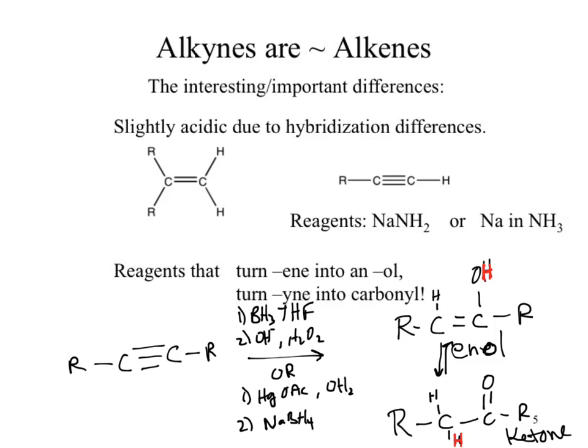Nothing. The only bonds that we can make or break in resonance are pi bonds. This is not officially resonance because we have broken a sigma bond. It's a really easy sigma bond to break because it's a very polar hydrogen-oxygen bond, or a very polar carbon-hydrogen bond in this case. But it is not officially resonance.